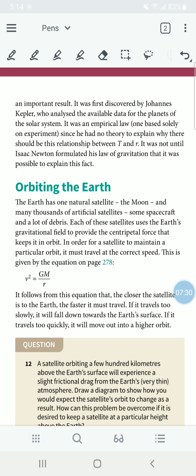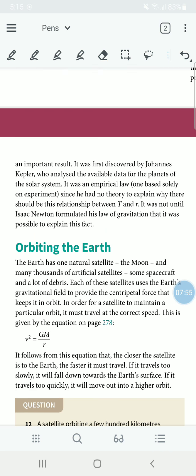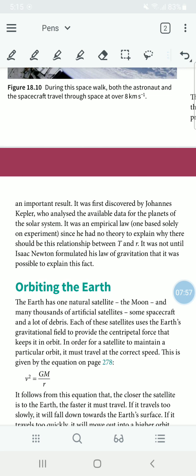So that means if it exceeds, then of course it will escape the gravitation, but if it reduces, then it is going to slowly crash onto Earth. So the equation is v squared equals GM upon r. It follows from this equation that the closer the satellite is to the Earth, the faster it must travel. If it travels too slowly, it will fall down towards the Earth's surface. If it travels too quickly, it will move out into the high orbit. And finally, it will escape if it continues to increase its speed.